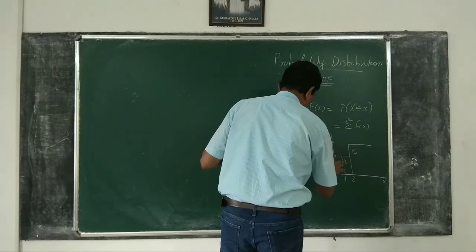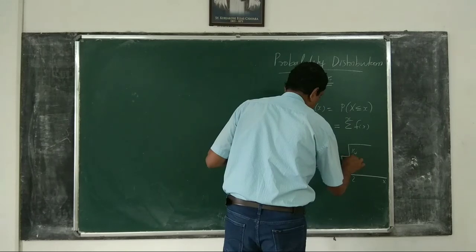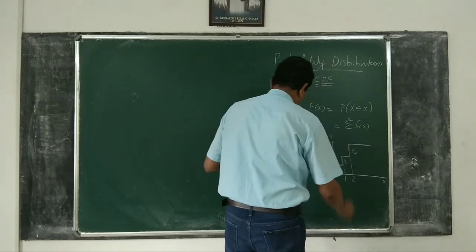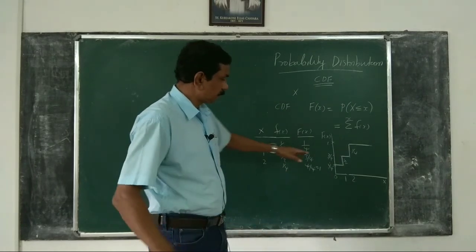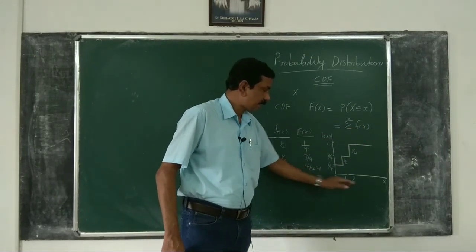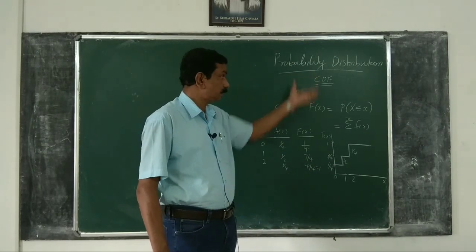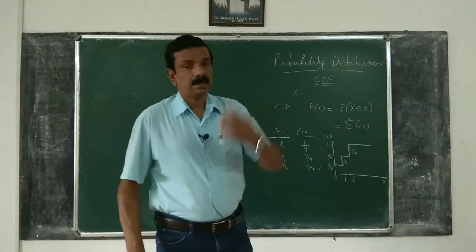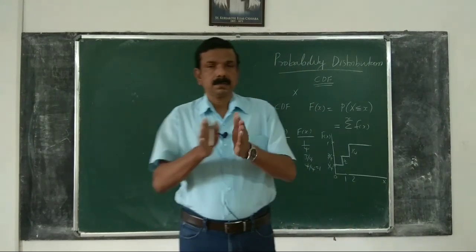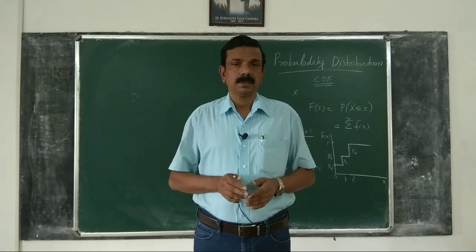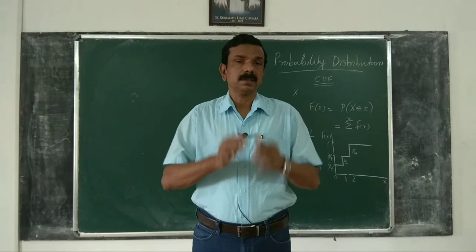So it is like a staircase function for a discrete random variable. For a discrete random variable, the cumulative distribution function is a staircase function. It is like this. And cumulative distribution function is required for our future purpose. So this is the distribution function and cumulative distribution function of a discrete random variable.